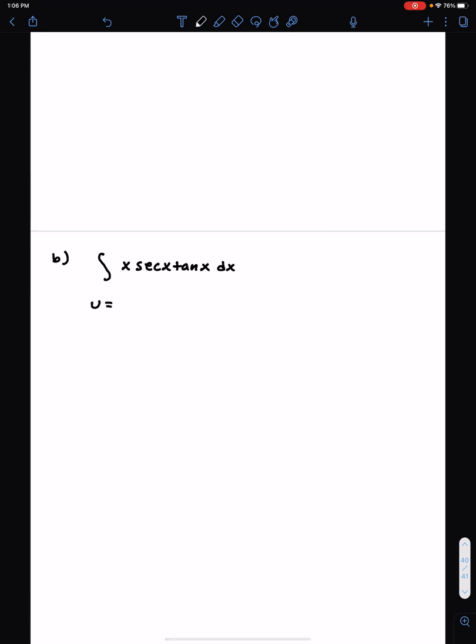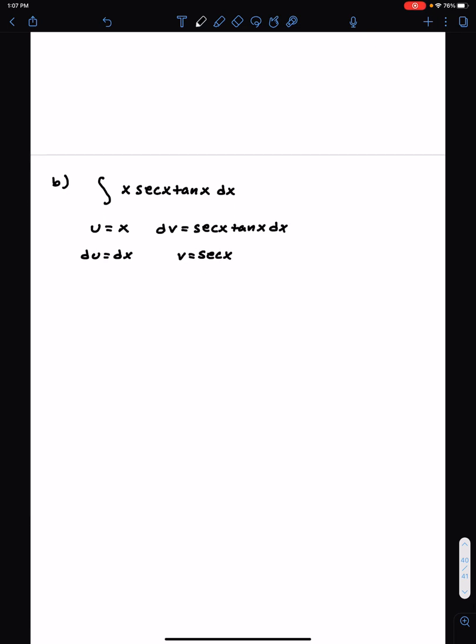So u is equal to x, and dv is secant of x tangent of x dx. So du equals dx, which means v equals secant of x.